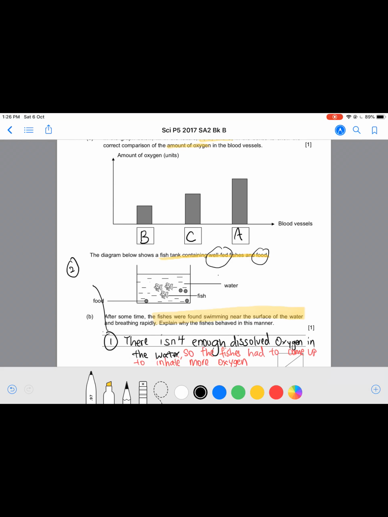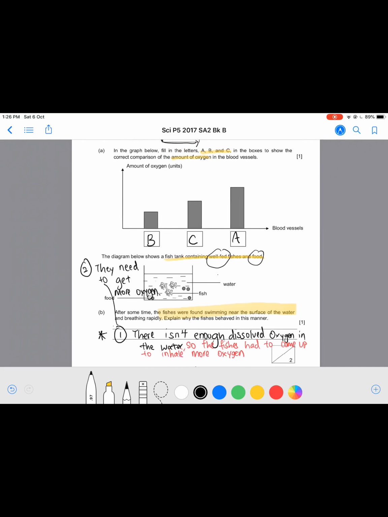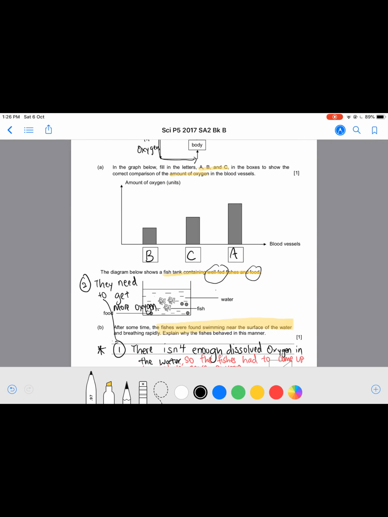Instead of saying the water not having dissolved oxygen, you mentioned they are just coming up because they need to get oxygen. That's also okay. Alright, so this is another possible answer, but the better answer would actually be number 1. Okay, so no dissolved oxygen, that's why the fishes had to come up to breathe in more.